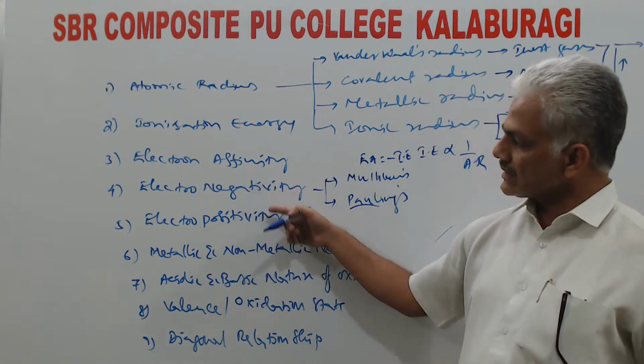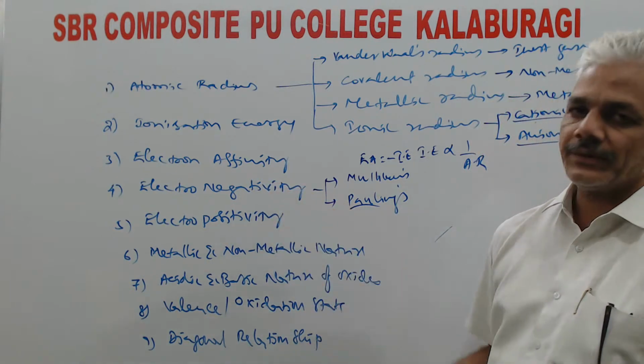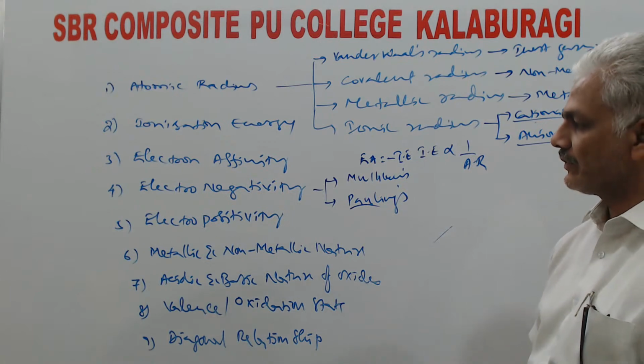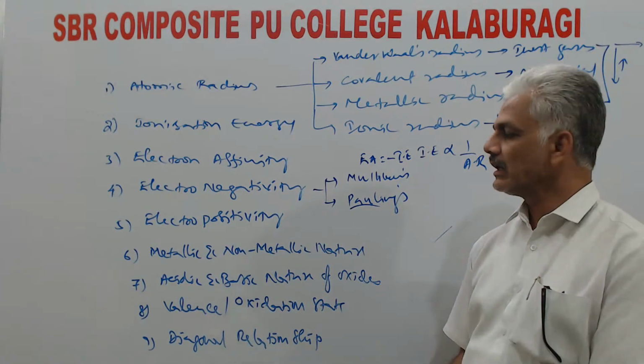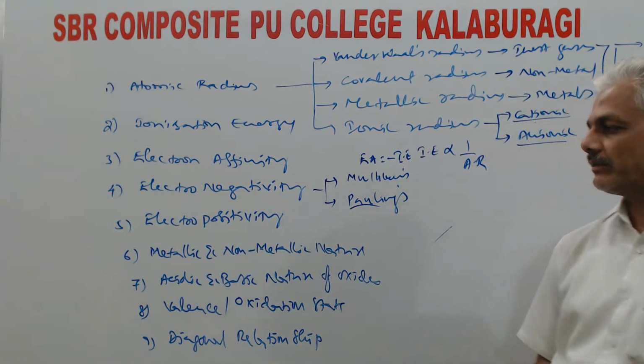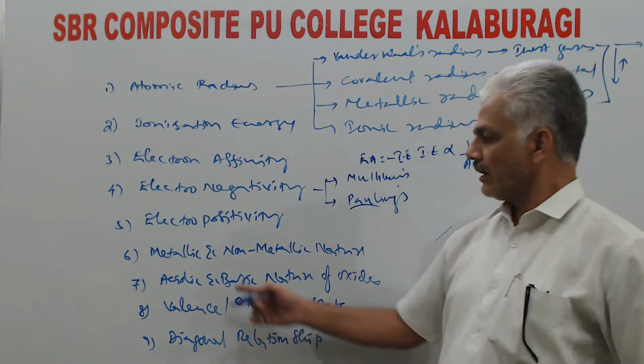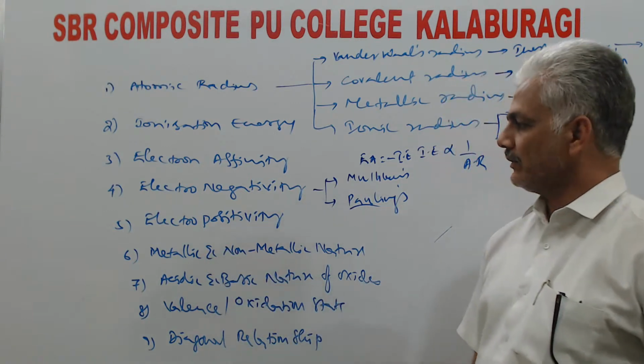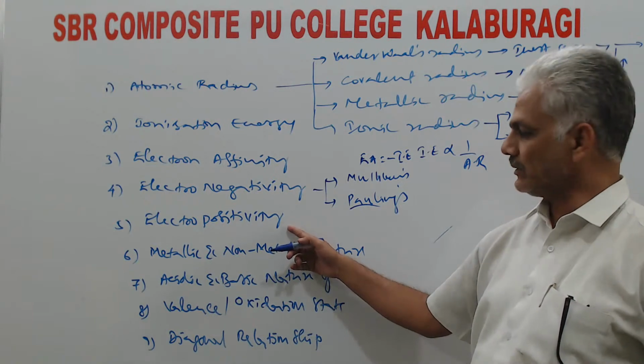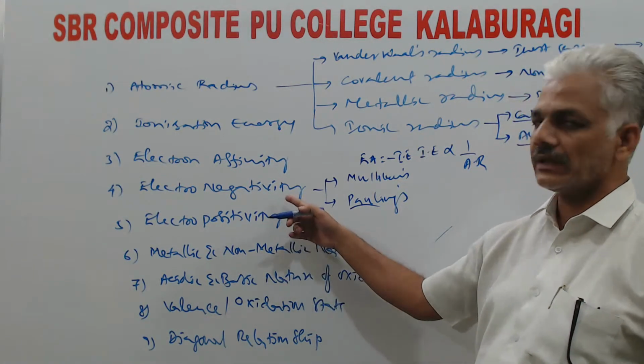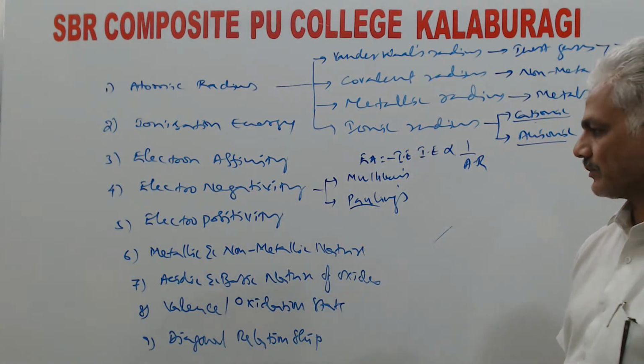Then, this electropositivity and electronegativity, they also define whether an element is metallic in nature or non-metallic in nature. Metals have higher electropositivity value, whereas non-metals have higher electronegativity value.